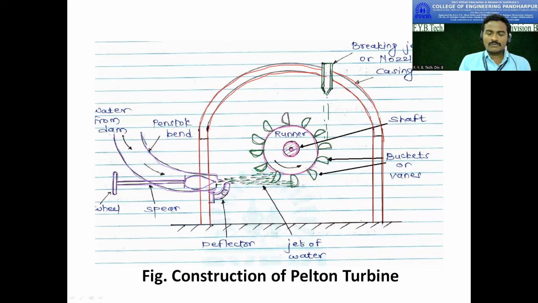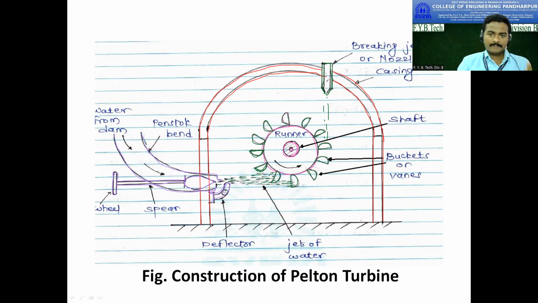Now the next question may be how to stop the turbine, or how to take this turbine to rest. That is, we have to slow down or stop it. How to do that? Just push this spear and control the flow, or you can stop the flow.